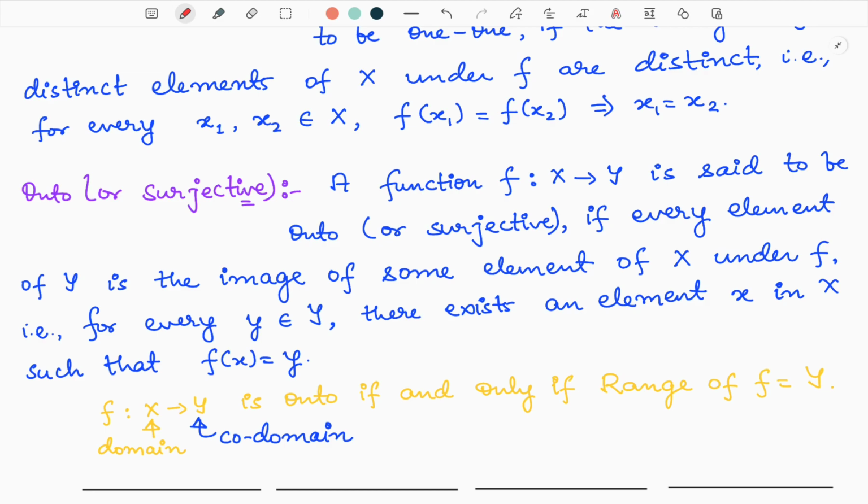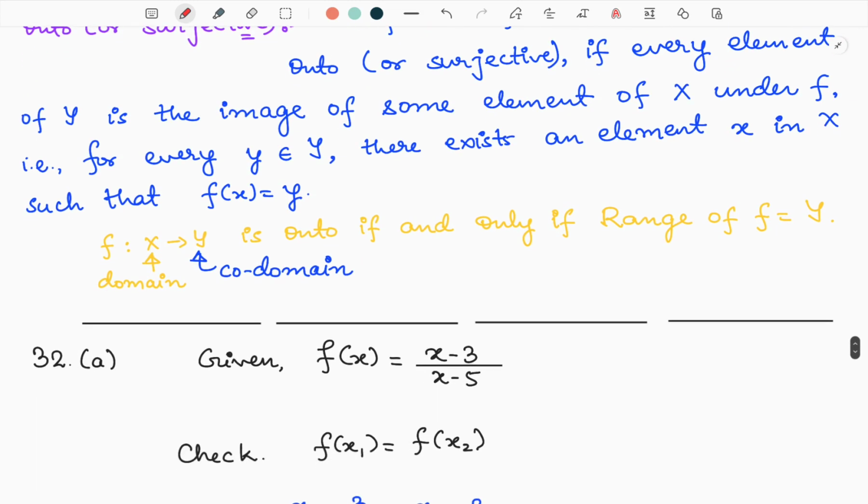By definition, a function is said to be onto if every element of y is the image of some element of x under f. That means the codomain will not contain any y for which there is no x in the domain. These are the basic things you should know before you start solving the 32a part.